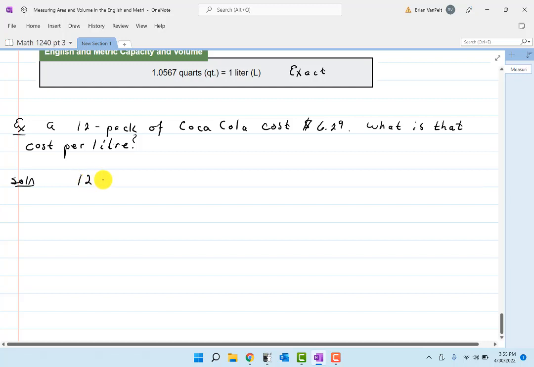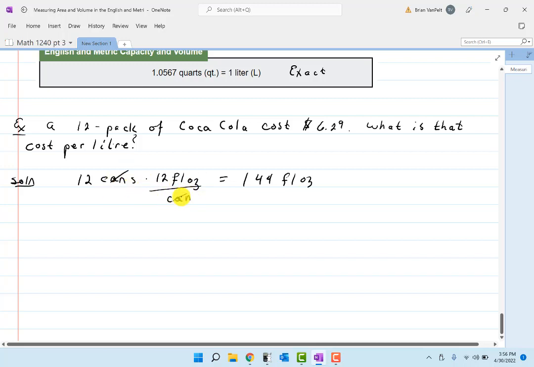So we have 12 cans times 12 ounces. And when we say ounces, we misuse them, and I should be careful. That's fluid ounces. So what you're going to end up with is a total of 144 fluid ounces. I should probably do this: that's 12 fluid ounces per can, and then I could even cancel out the cans.